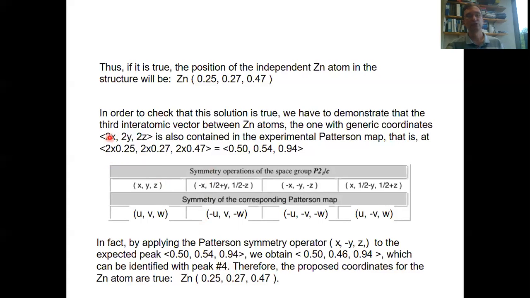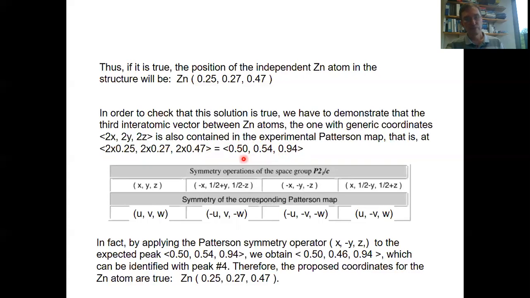So for the position 2x, 2y, 2z, we would have to find a peak 2 times 0.25, 2 times 0.27, 2 times 0.47, which is 0.50, 0.54, and 0.94.